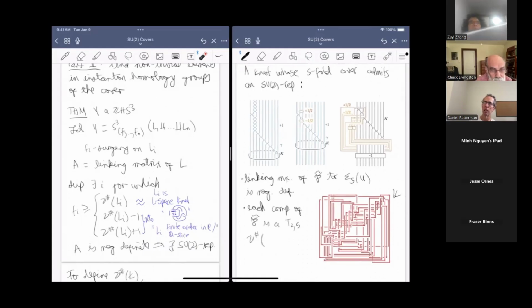What's the 3 genus for? I forgot. I think this is 3.